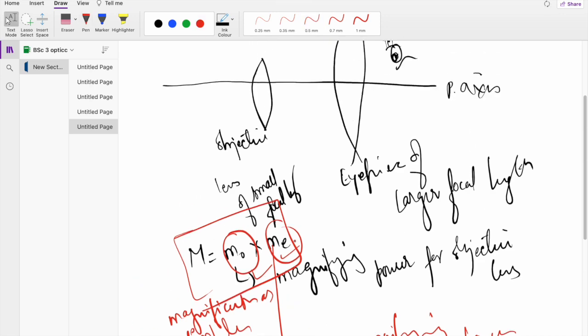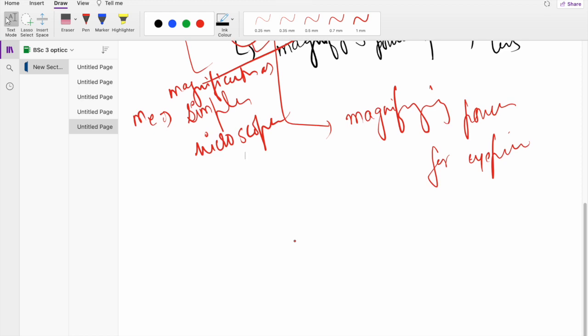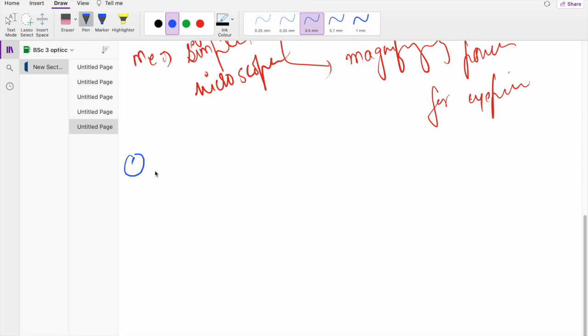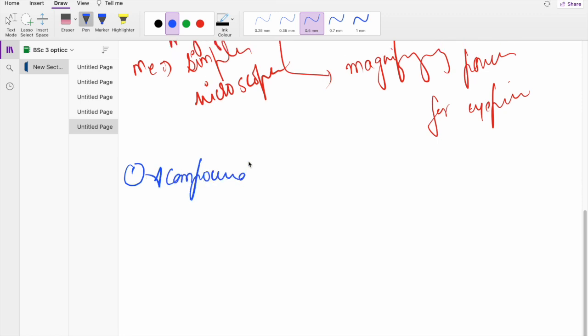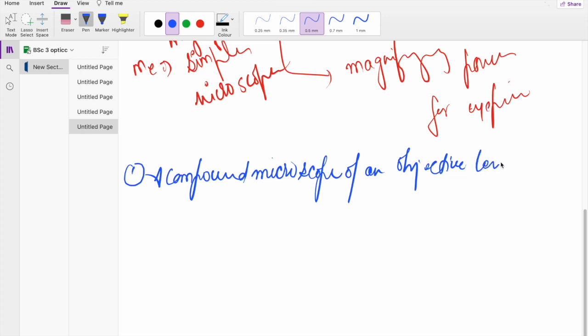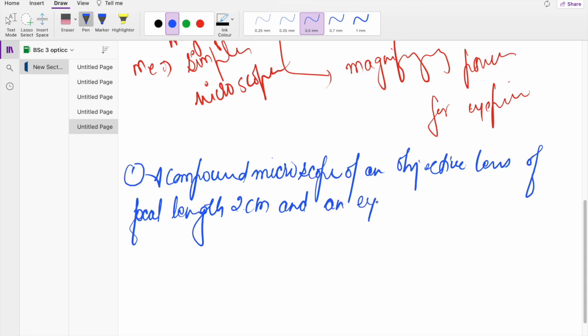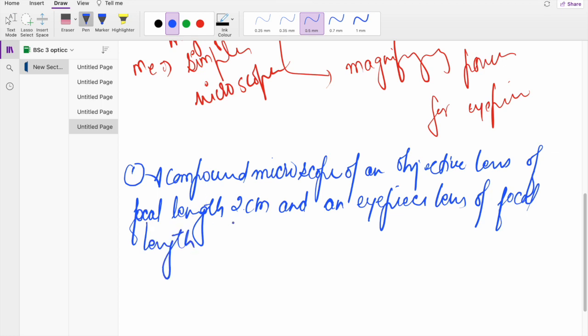All right, so we take an example. If we have a compound microscope with an objective lens of focal length 2 centimeter and an eyepiece lens of focal length 6.25 centimeter.